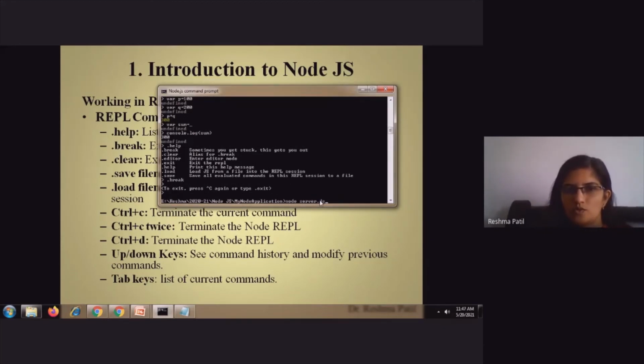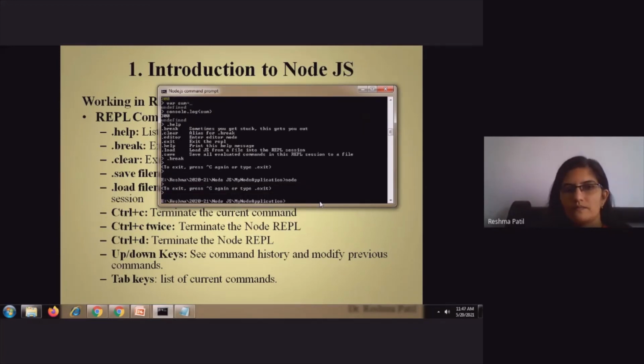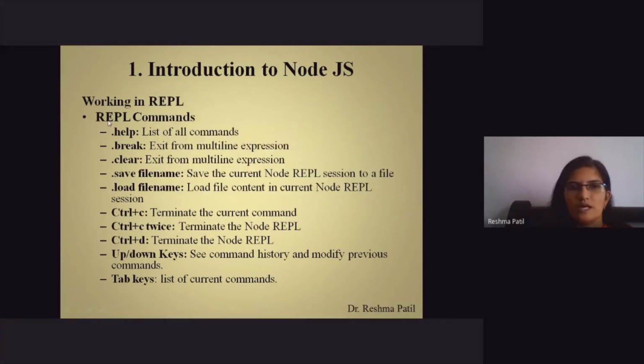See, node server JS, I am getting using this up and down arrow key. If you want to write the same thing again, no need to write it. Use the up and down key and write another command. It will start the session again. The tab key gives the list of current commands. So these are the commands of REPL.